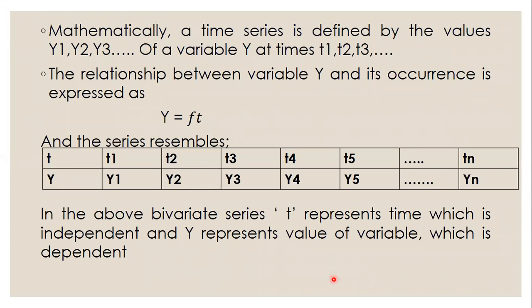Next, we understood how we mathematically represent the time series. Here, if the time series is given by the variable y, so y1, y2, y3 and so on, and these y values are given at timings t1, t2, t3, then we will get a series like this, where at different time points we have different values of the given variable.